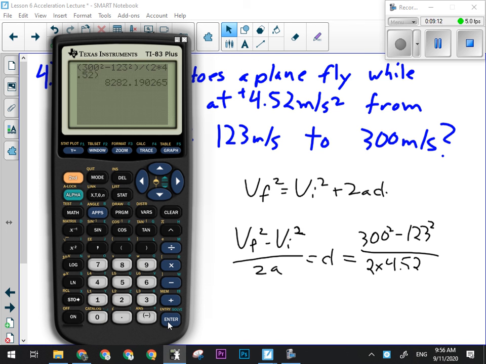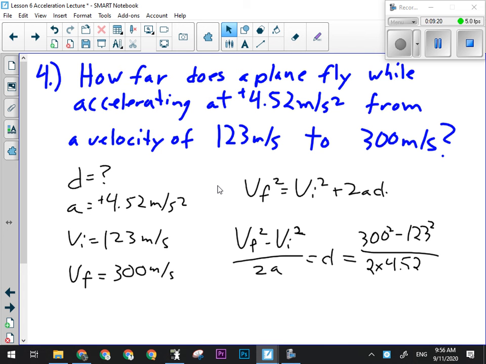So this thing is going to travel 8.3 kilometers, or 8.3 times 10 to the 3 meters. Everybody all right with that? That's, I find, the formula people forget about. They forget to use that one when they're given an opportunity to do so.